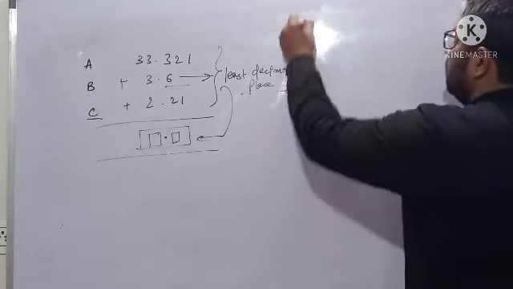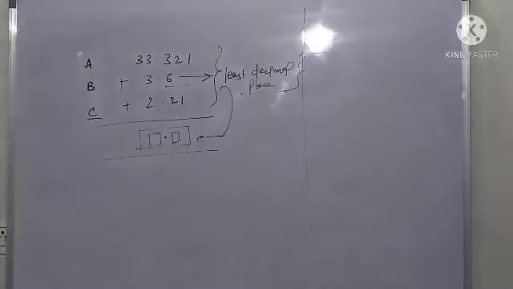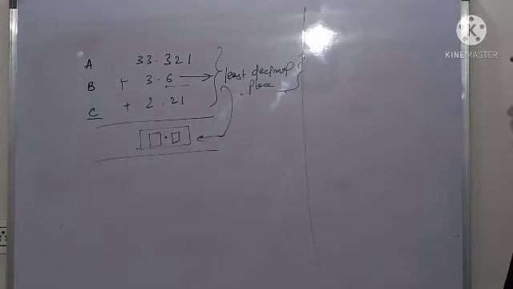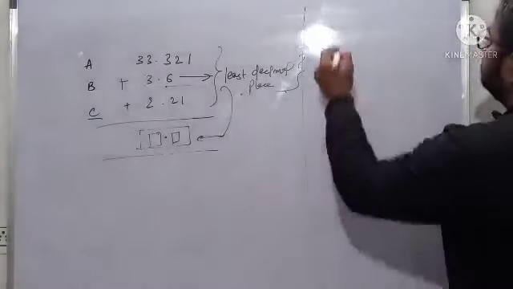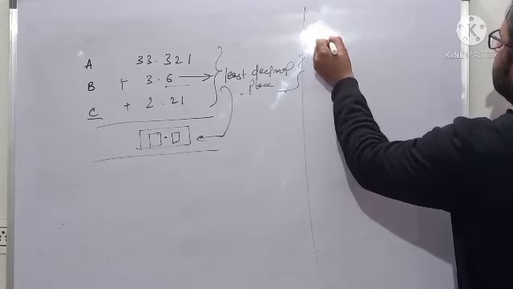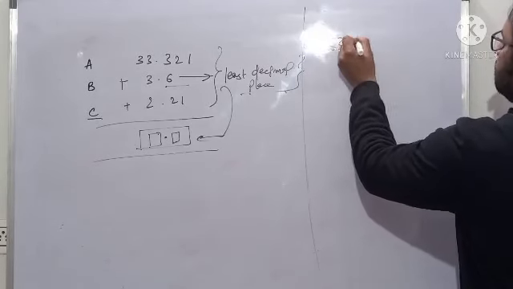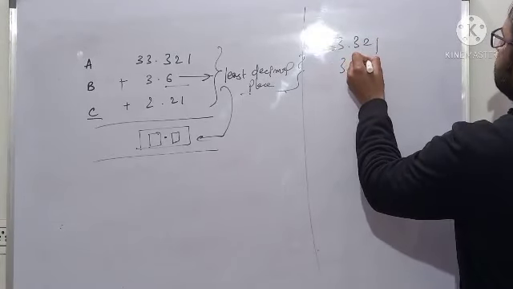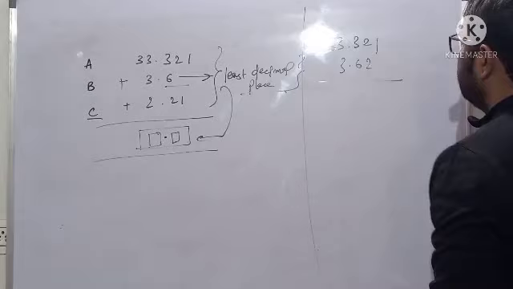Now comes the case for multiplication and division. Suppose we take the same numbers, 33.321 and 3.62. Let us change it a bit.